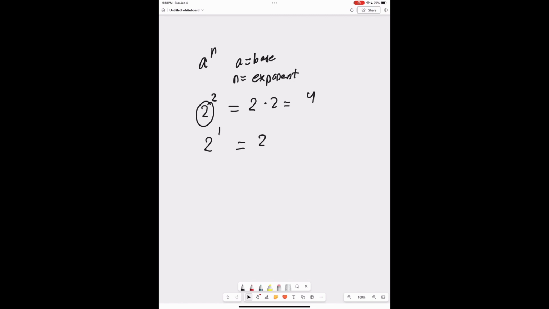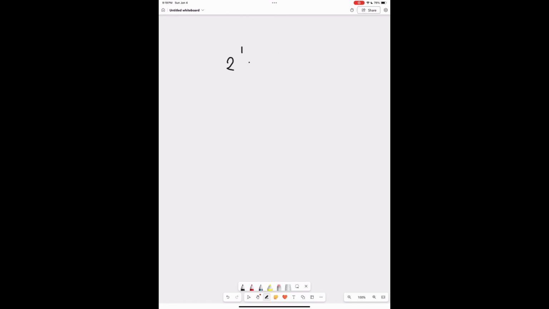So to start the video off, now that I've defined what an exponent is: anything raised to the 1 power is itself, and anything raised to the 0 power is 1. For example, 2 raised to the 1 is 2, but 2 raised to the 0 is 1. Anything raised to the 0 is always 1.